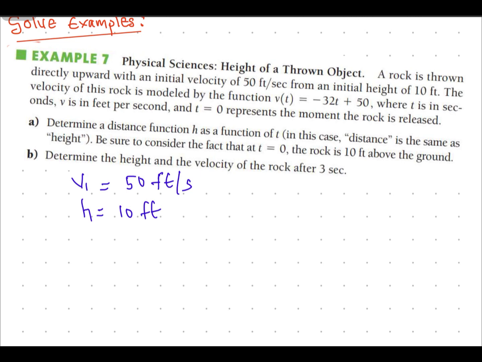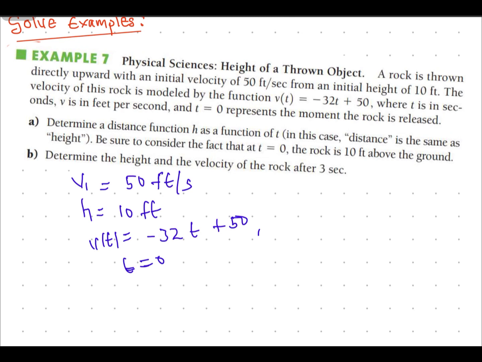The velocity of this rock is modeled by the function v of t equal to negative 32t plus 50, where t is in seconds and v is in feet per second, and t equal to 0 represents the moment the rock is released.